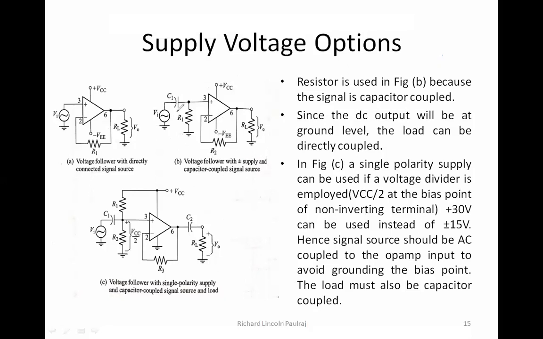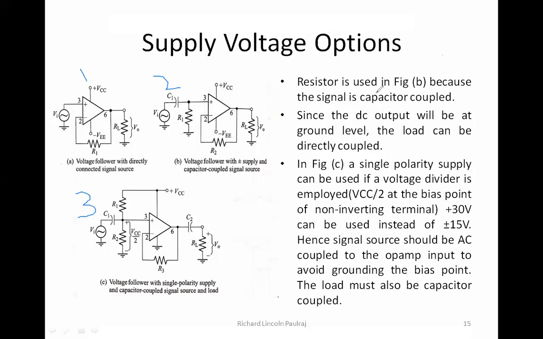This signal source is capacitor coupled because it has a resistor. Compare with the previous one: no resistor, no capacitor. Rest all remains the same. So this is one way of giving input, this is the other way, and this is the third way of giving input to your op-amp. The ways in which you can give inputs to your op-amp circuit is what is discussed here.